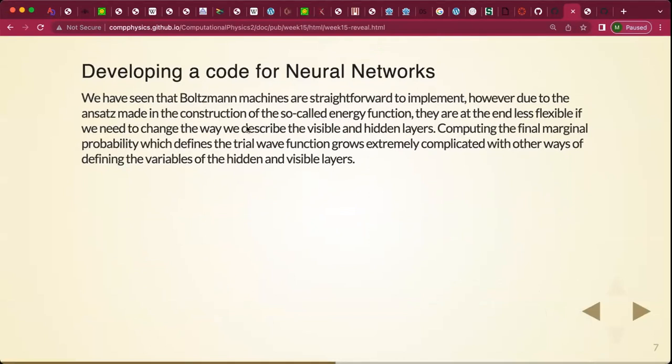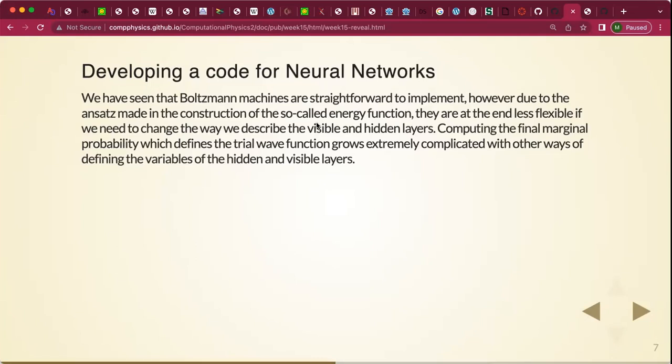What we have seen is that these Boltzmann machines are pretty straightforward to implement. But due to the ansatz which we've made for this energy function, the standard one for the case we have in project number 2 would be a Gaussian binary. This can be implemented with analytical expressions for the probabilities which we need, and thereby the trial wave function.